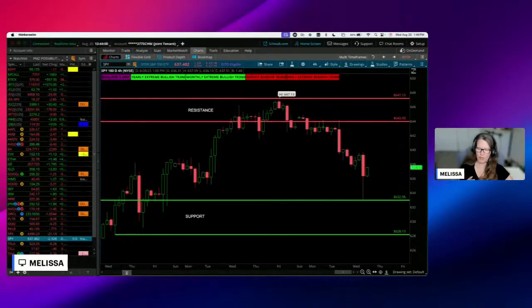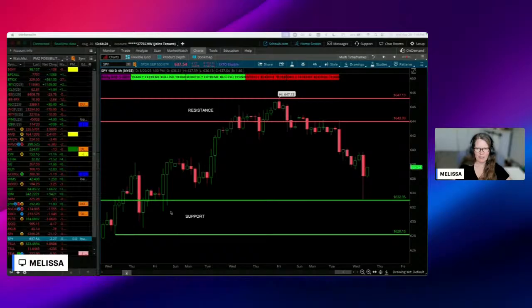All right. The first strategy I want to talk about is the bounce trade. What I mean by a bounce trade is this. Back here a few weeks ago, we established a support zone. Buyers were stepping in, buyers were stepping in, buyers were stepping in.